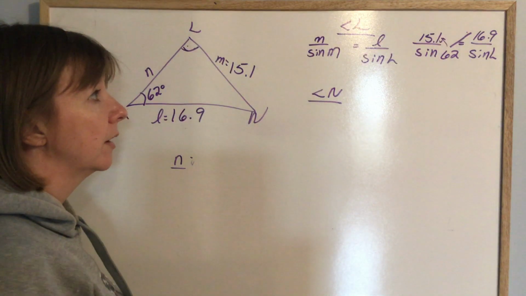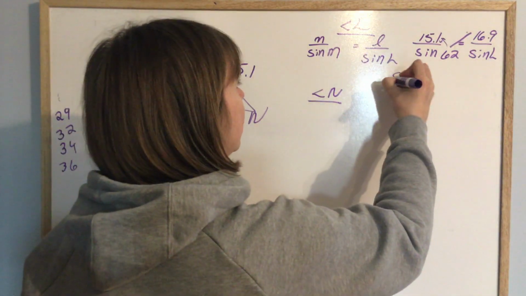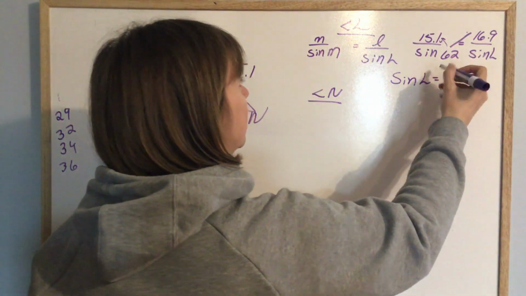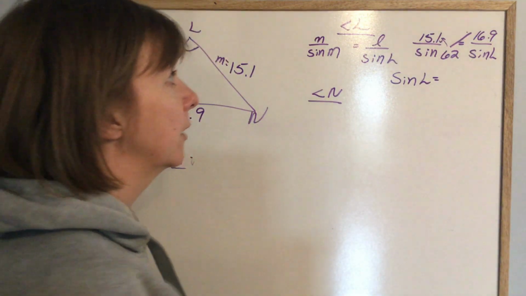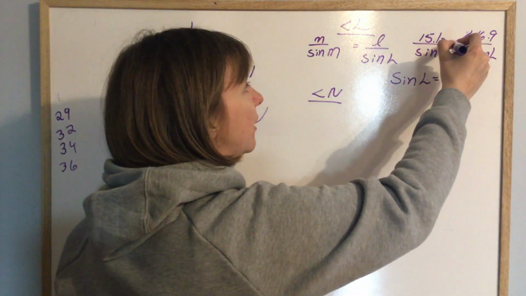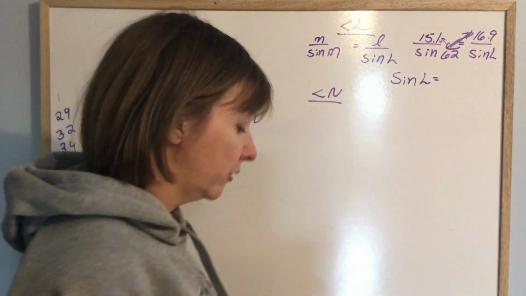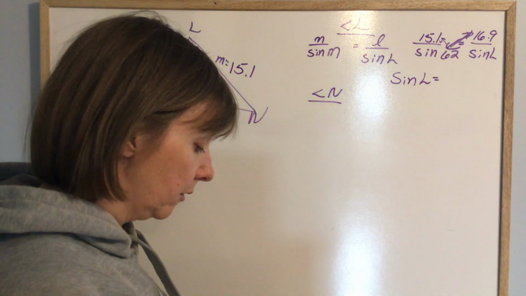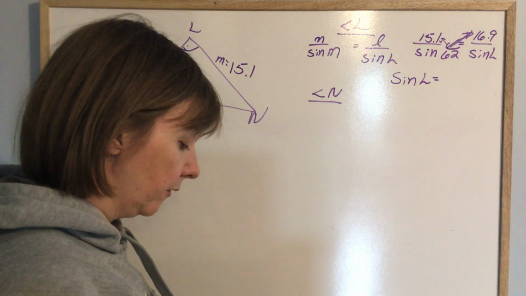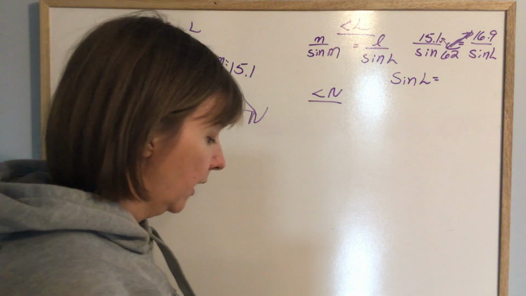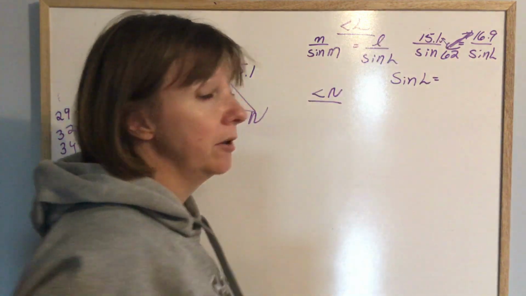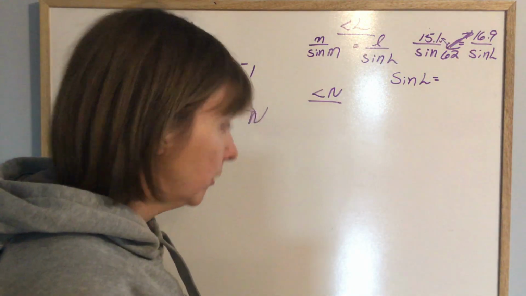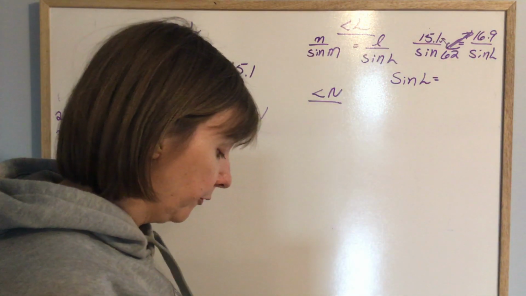But I'm going to get sine L equals, again cross multiplying the two that are diagonal to one another, 16.9 times sine of 62, and then I'm going to divide by the piece of information I still have there. So I'm going to divide by 15.1.